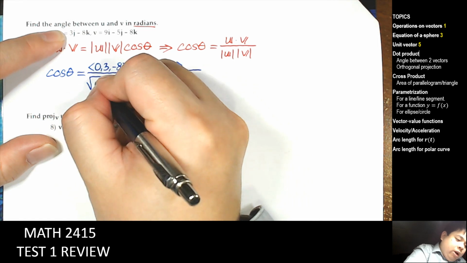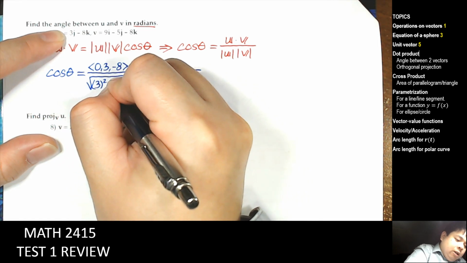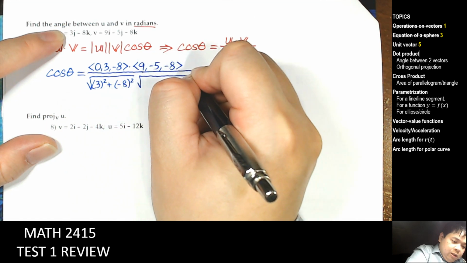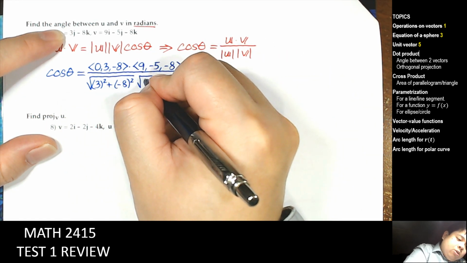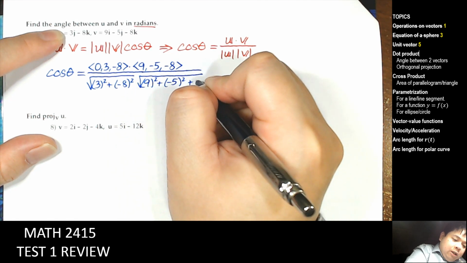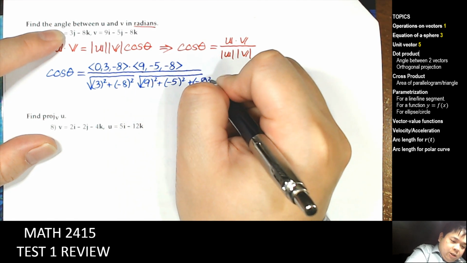We have 3 square and negative 8 square, times 9 square, negative 5 square and negative 8 square.